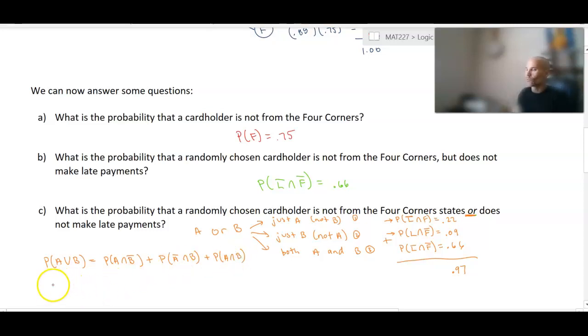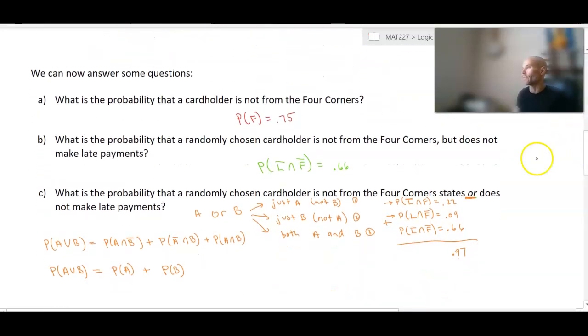Another way, and this is one way you'll often see it in a textbook, is why can't we simply just add the percentage of people who are one plus the percentage of people who are the other? Here, we just added the people who are not from the Four Corners. Well, that's already given to us. That's 0.75.